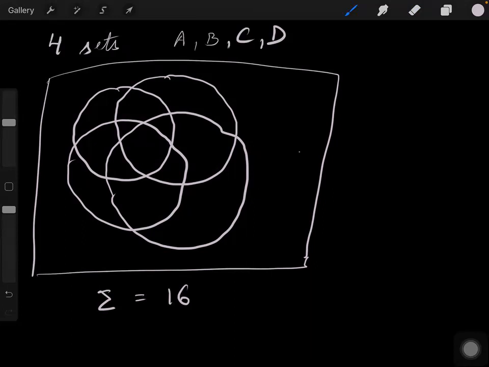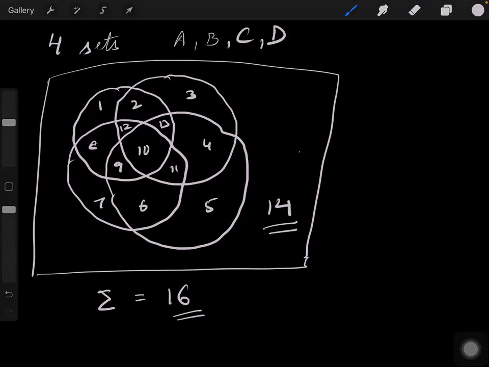This is 1, 2, 3, 4, 5, 6, 7, 8, 9, 10, 11, 12, 13, and 14. As you can see, if we use circles to represent this Venn diagram, we only get 14 total regions, but we should be getting 16. So obviously this diagram is wrong.